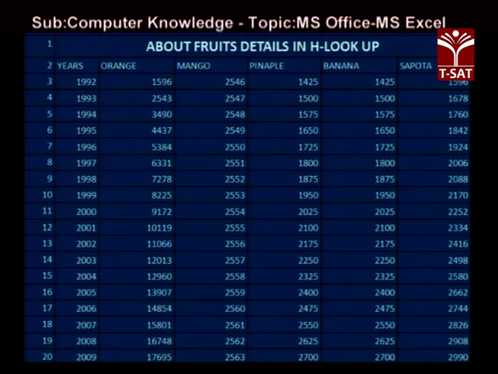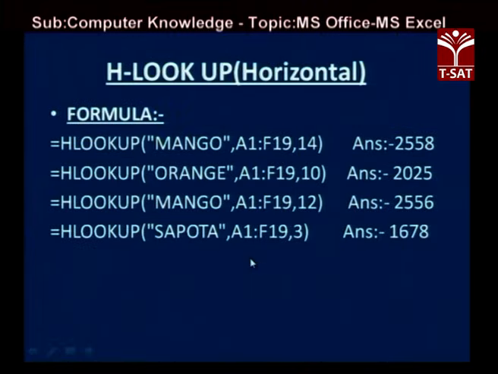Horizontal searching of related data. First I will explain a small table for you, that is the fruits storage calculations. That is the year, and these are the fruits: orange, mango, pineapple, banana and sapota. These are the fruits, and different years are the storage. How to write the formula here?